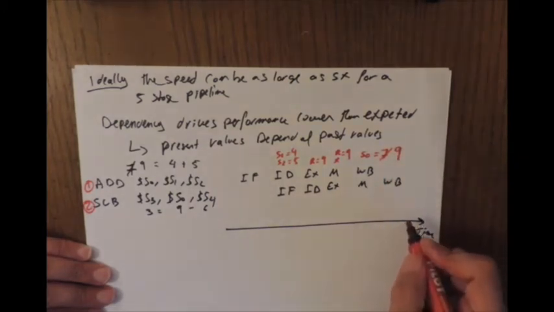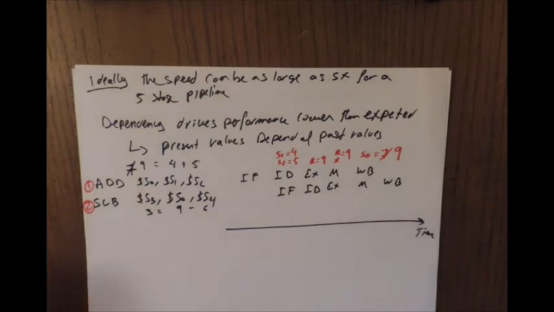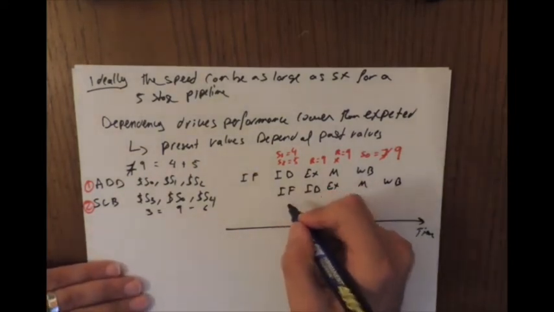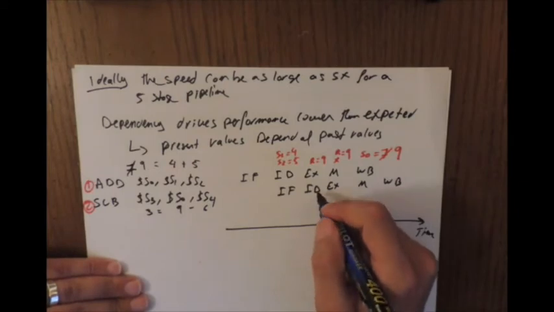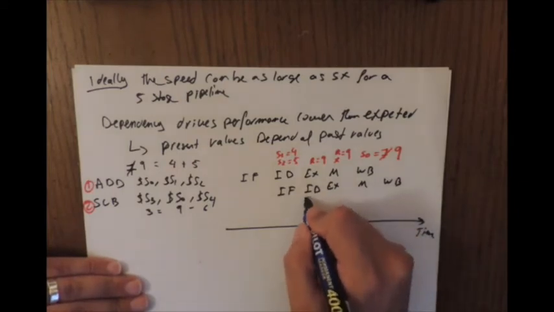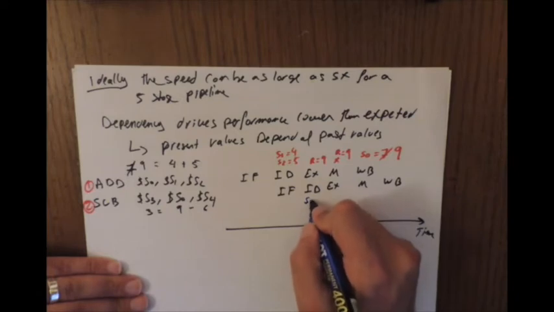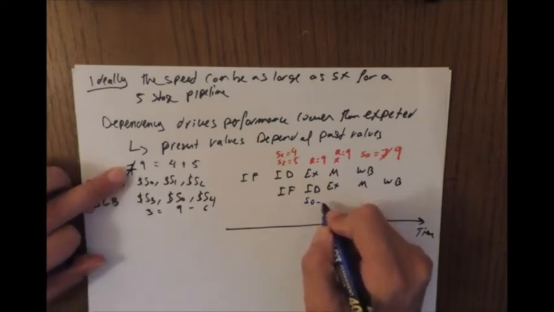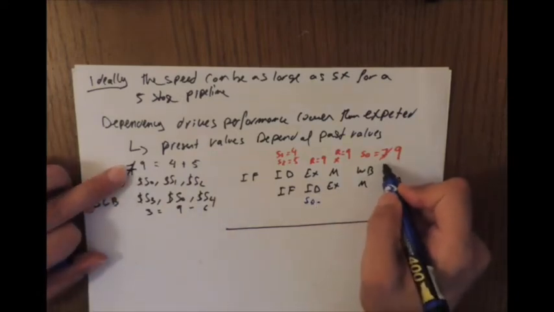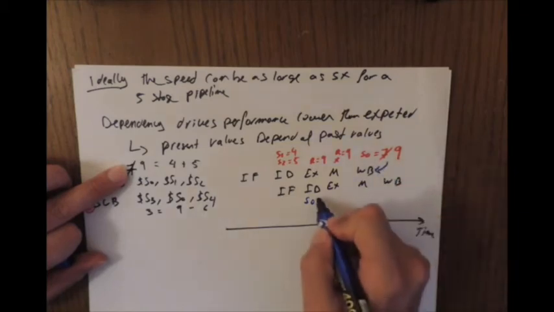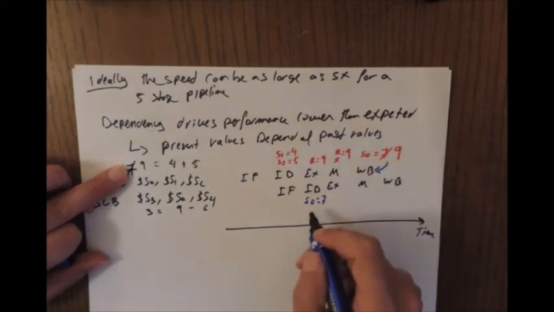Now, if I follow the same logic for the second instruction, I need to fetch the values. So what happens is that I have S0. What was the previous value of S0? It will be written here. So it's still 7 when I'm doing decode.